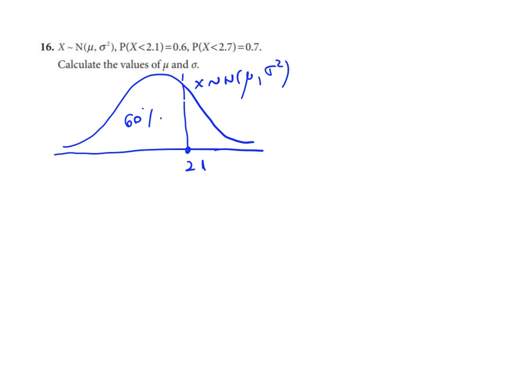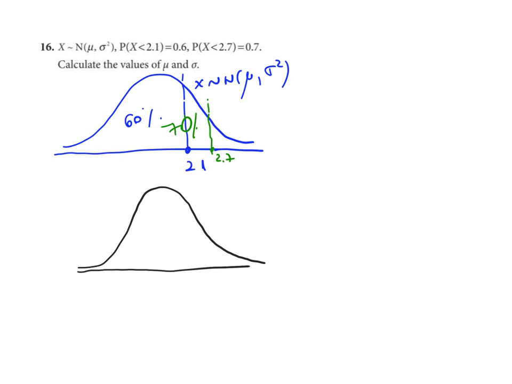I also know that probability of x being smaller than 2.7 is 70%, so all that area is 70%. Find mu and sigma. See how now I have two equations, I have two bits of information. I have one bit of information and the other, and I have two unknowns. Therefore, I should be able to form a system of two equations with two unknowns.